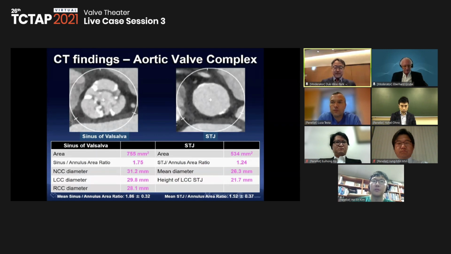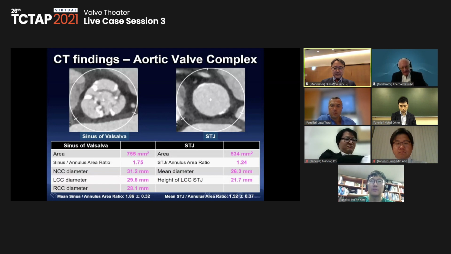What we focus on in this slide is the ratio between the sinus of Valsalva and the annulus. The ratio in the sinus of Valsalva is 1.75, meaning that this patient has a sinus 1.75 times larger than the annulus. In the ST junction, the ratio is 1.24, so relatively, this patient has a smaller ST junction.